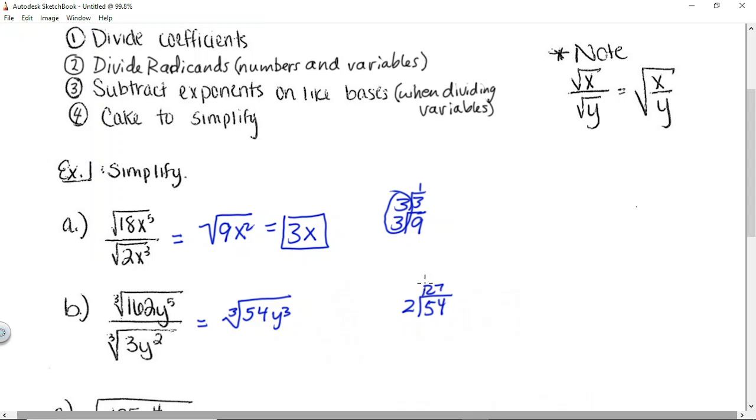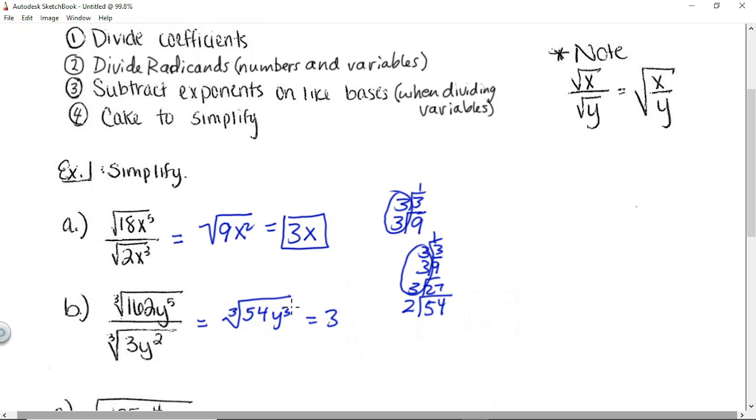And then we're using 3s after that. 27 divided by 3 is 9. Divide that by 3, you get 3. And divide that by 3 to get 1. So groups of threes, yeah, we have this group of threes. It's 3. So that means we have 3 outside.